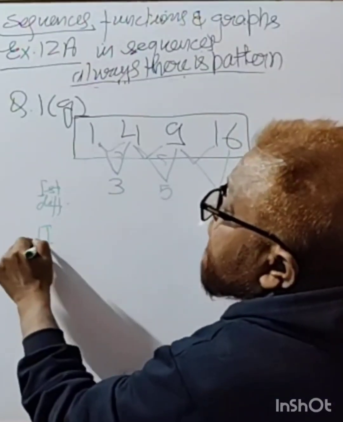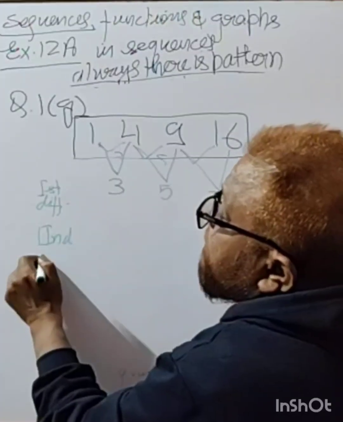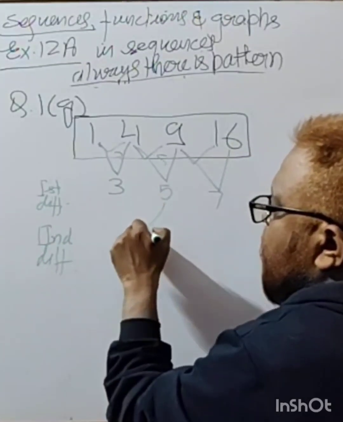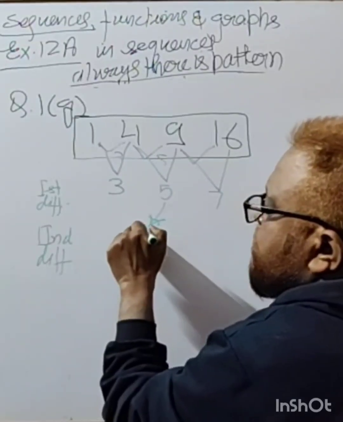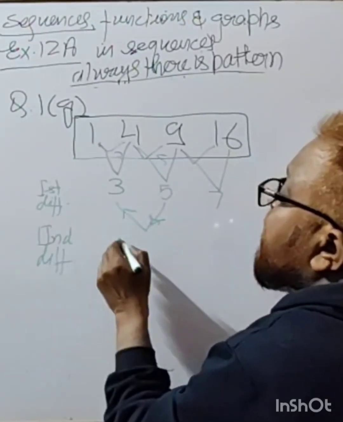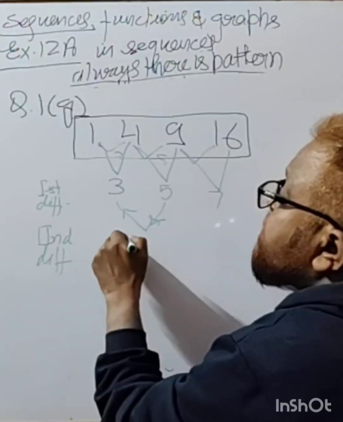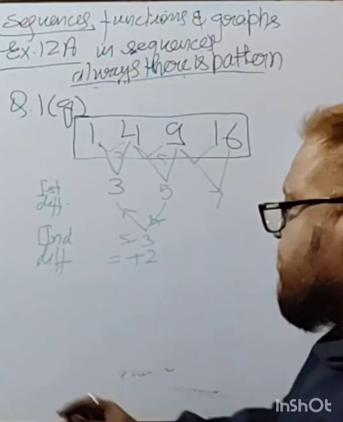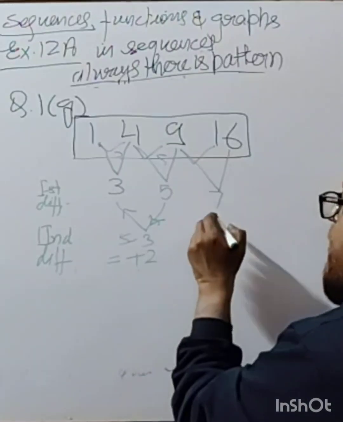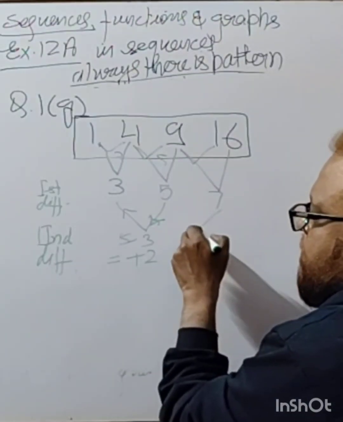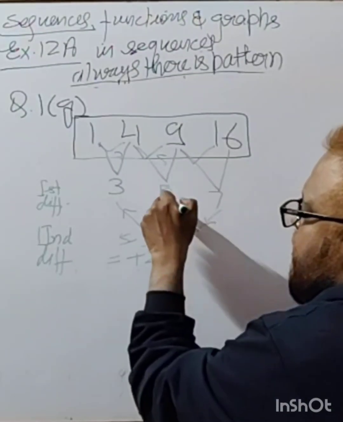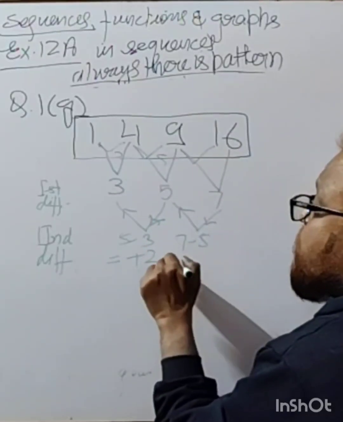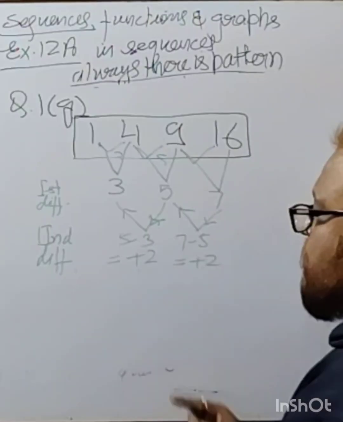Now we have the second difference. When you go from this to this, you get 5 minus 3 is equal to plus 2. Right? And this is 7 minus 5, you also get positive 2.